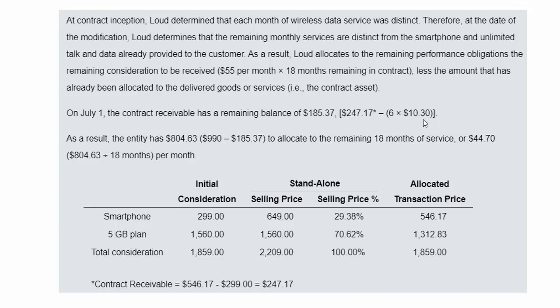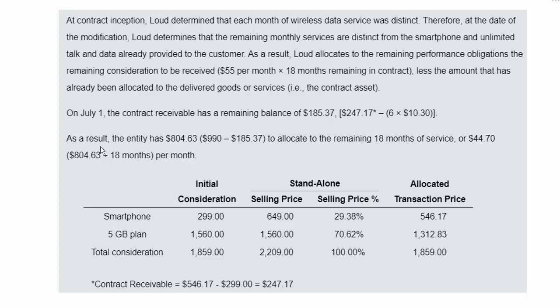Well, we calculated that the contract receivable was $247.17. If we take $247.17 and we divide that by 24 months, right? It's a 2-year contract. You'll come up with $10.30. So that's the full amount. We're subtracting the 6 months that have expired. And that's how we come up with the remaining balance of $185.37.